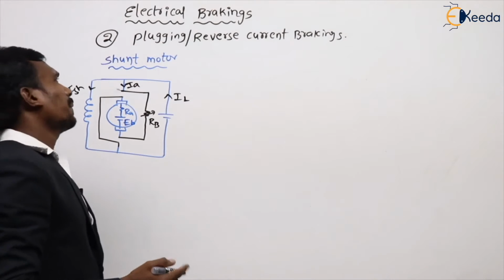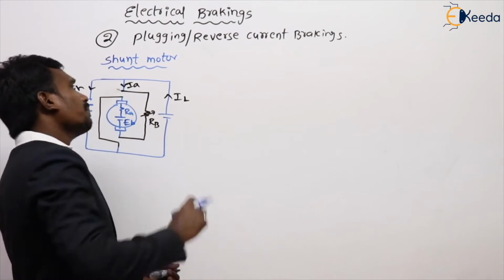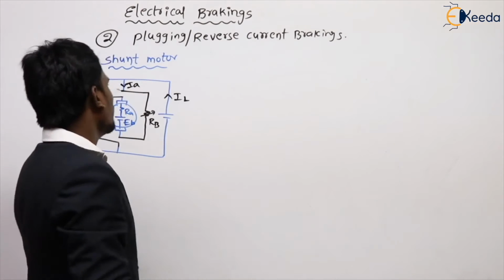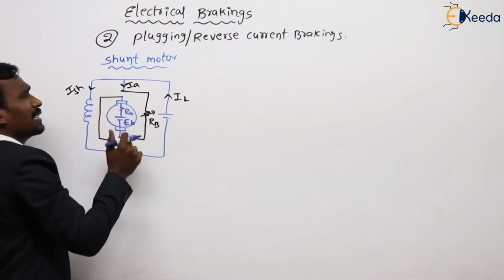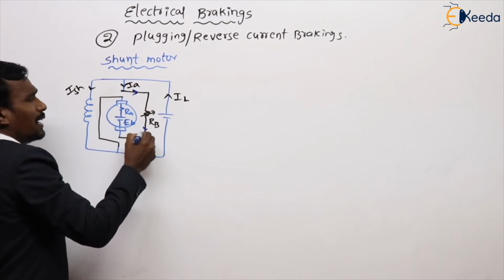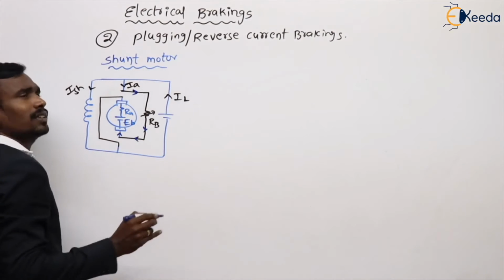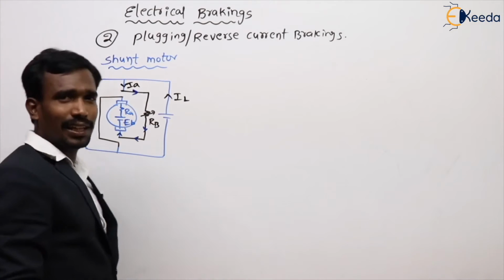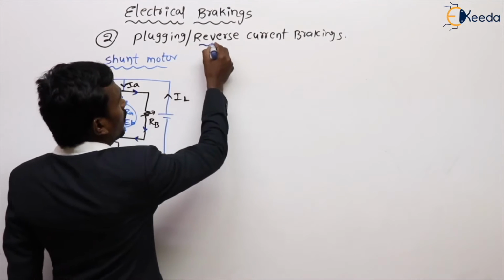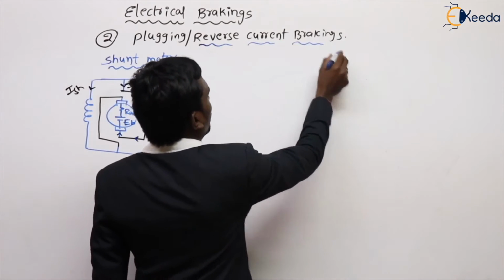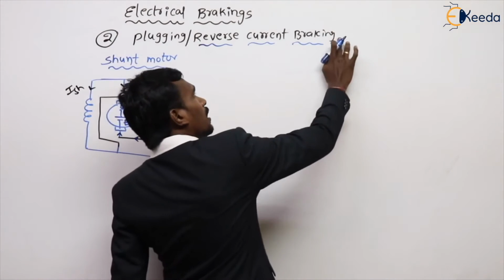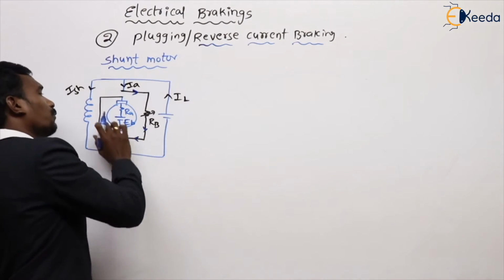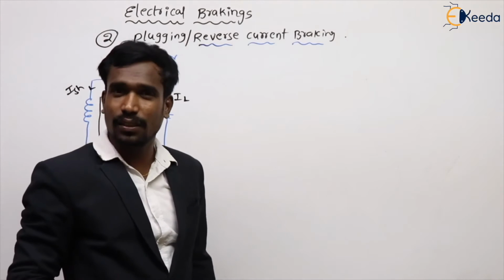When the armature terminals are reversed, see how my armature current flows. My armature current is flowing in the reverse direction. That's why this is called reverse current braking, because here my armature current flows in the reverse direction.